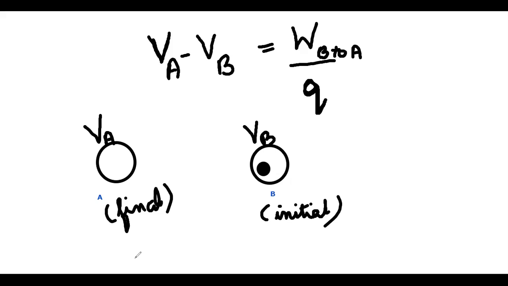So this is the definition of potential difference. Work done in moving a unit positive charge from one conductor to another conductor is known as potential difference.